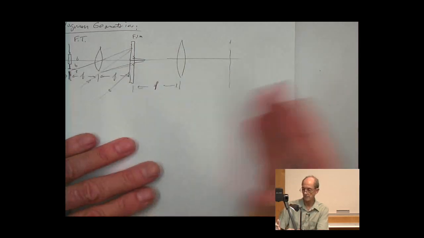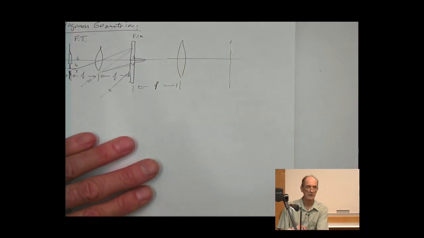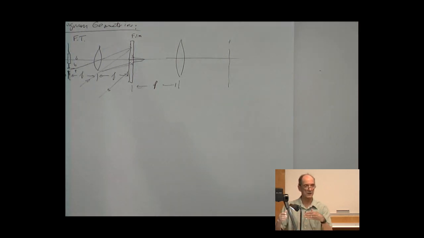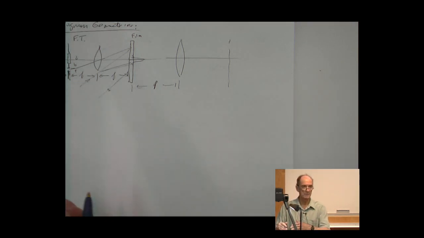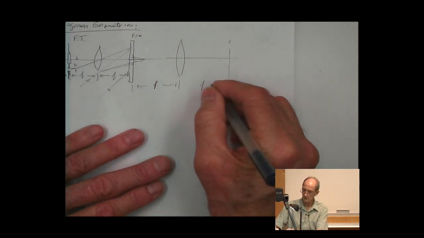For instance, if we're using this for a holographic data storage system, we may actually want to do some scaling, because the pixels that we would have on the writing instrument, like a spatial light modulator, might be different than the pixels on the camera that we'd be trying to register these pixels onto. So there we may actually want to introduce a different magnification through having a different focal length lens.